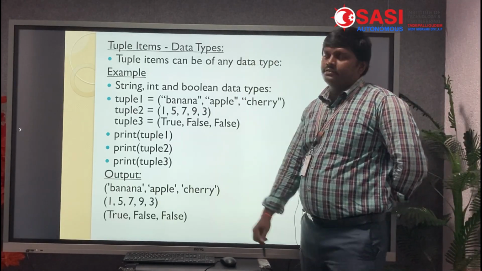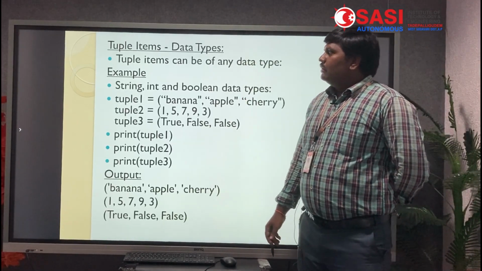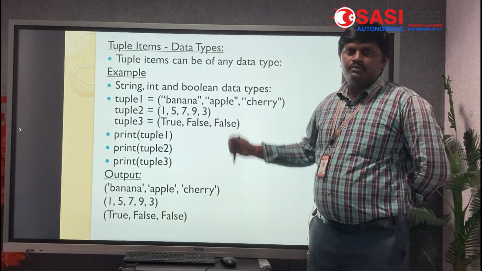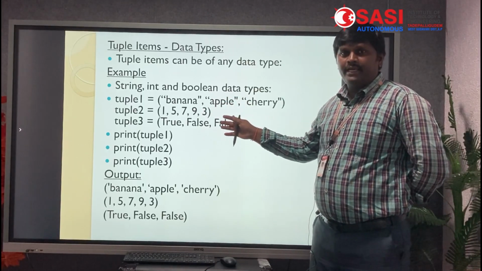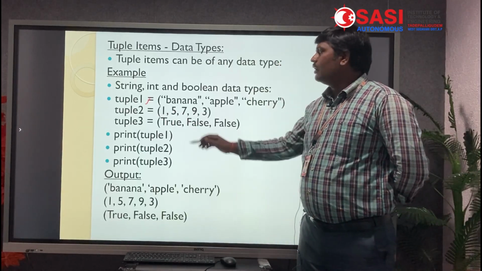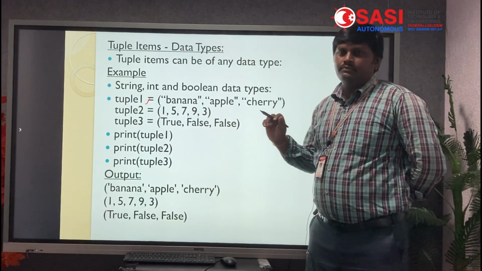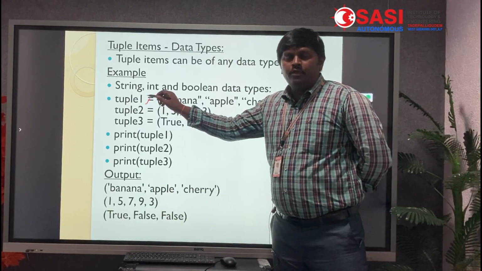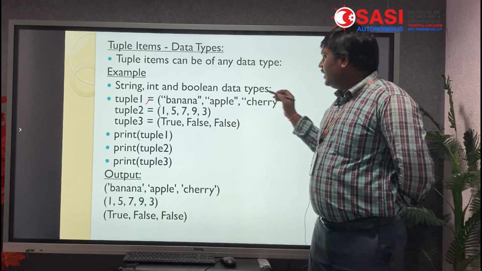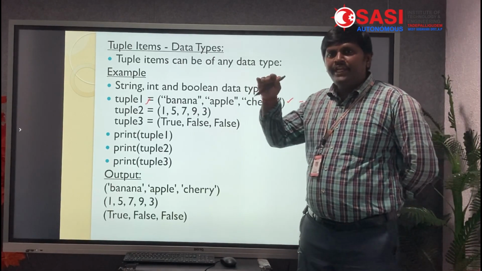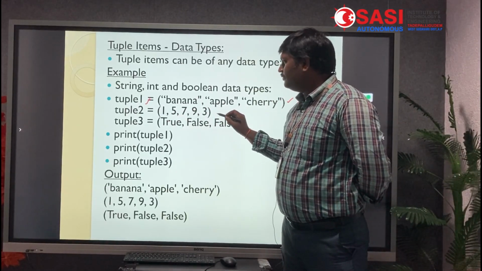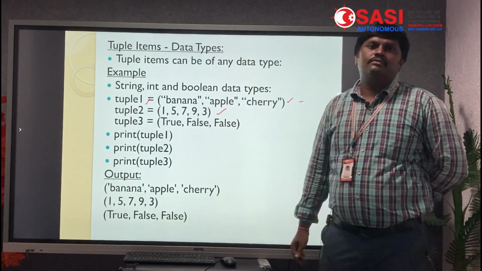Next, tuple items. Here we are declaring different tuples with different data items. Tuple 1: banana, apple, cherry. In tuples we can store different data values. In this example we are storing only string values. In tuple 2, in the second example, we are storing only integer values.